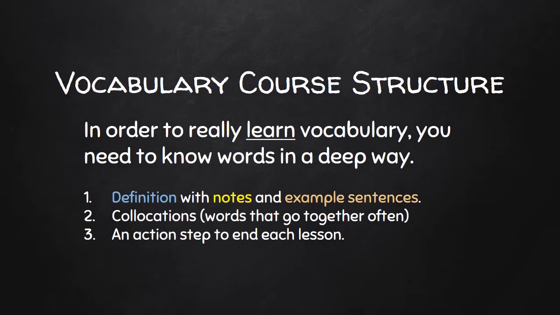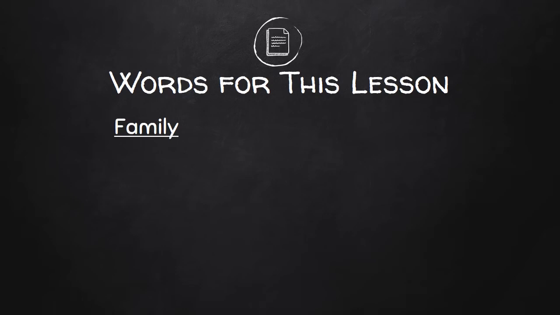So each lesson in this vocabulary course will have words with definitions, notes, and example sentences, a collocation chart or picture for these words, and at the end of each lesson there will be an action step. So let's take a look at the words for this lesson. Now again, the theme is family.